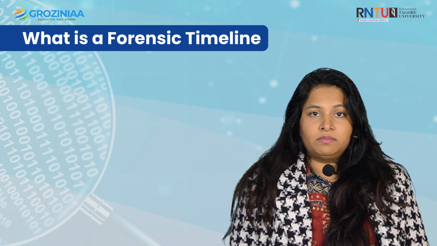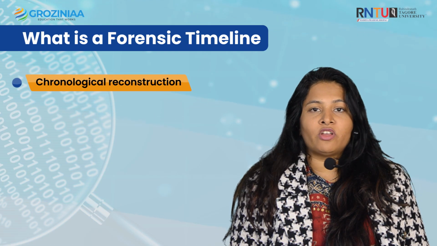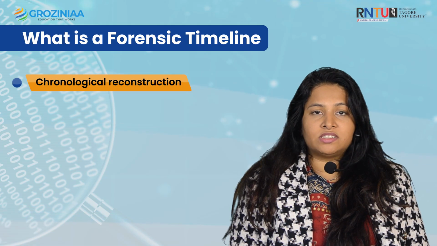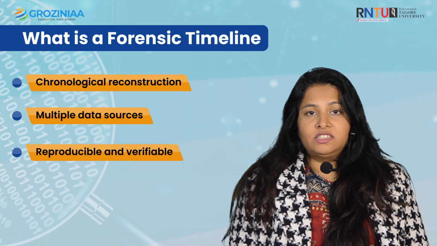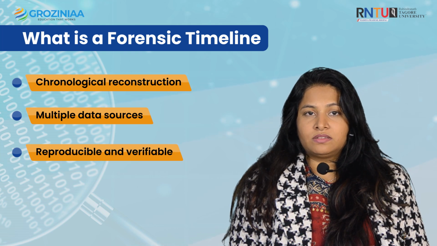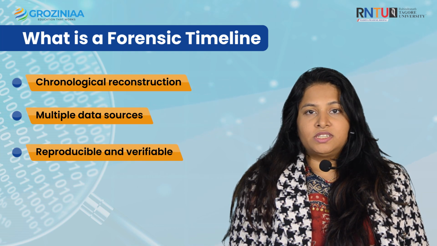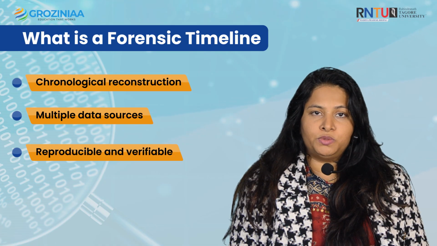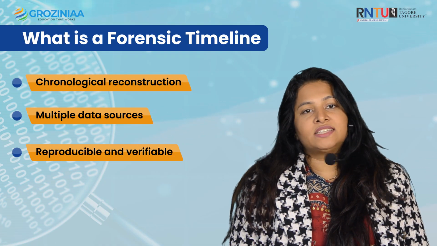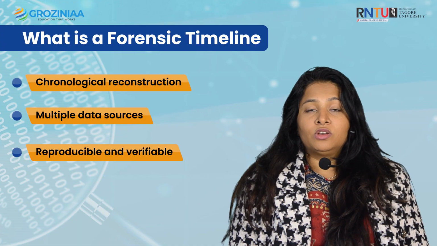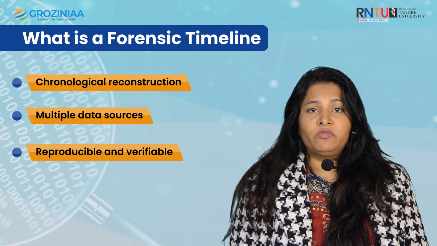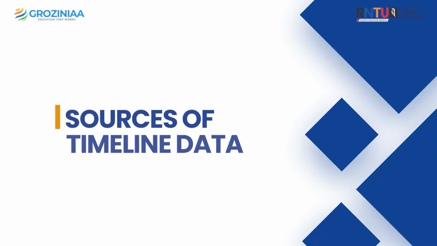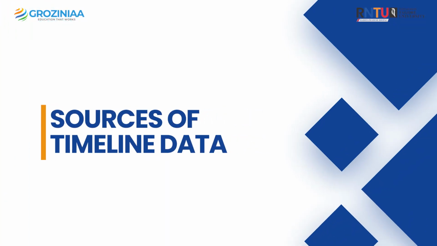So let's start with what a forensic timeline is. A forensic timeline is a chronological arrangement of system and user events derived from multiple data sources. It combines file system activities, registry changes, logs, application usage, and external device interaction. The goal is not to list everything, but to reconstruct meaningful behavior. So our next topic is the sources of timeline data.